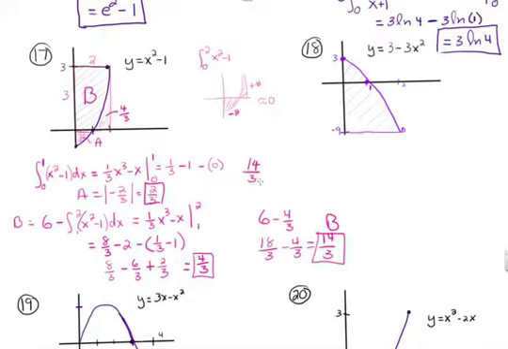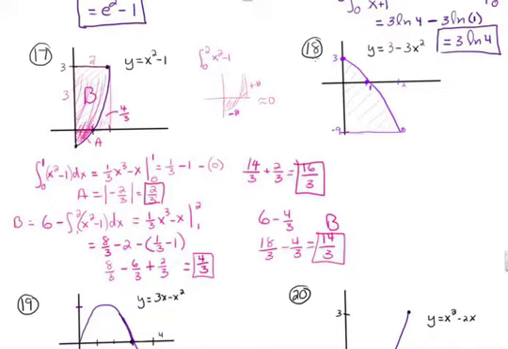Sorry, I'm getting a little messy here. I didn't give myself enough room. Plus 2/3. So the answer would be 16/3. And that would be the area of all of this, including that little part down there.